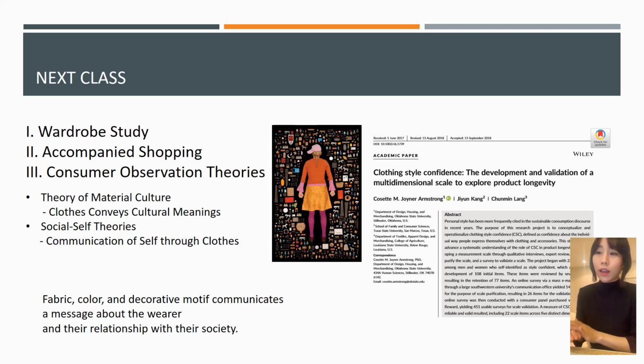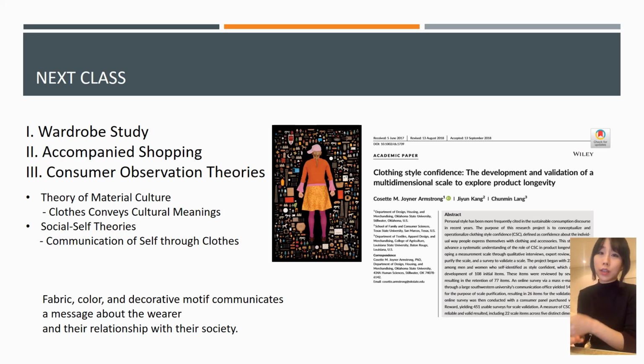For example, the fabric, the color used and the decorative motifs of your clothing can communicate some messages about the wearer, as well as your relationship and communication with yourself and with society. So we will go deeper to discuss the social values embedded in your clothing as well.